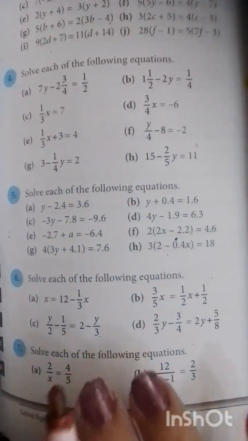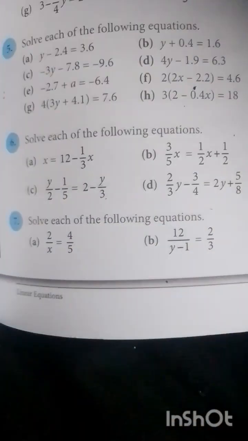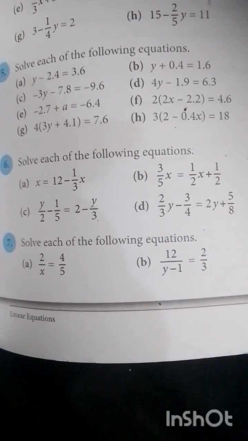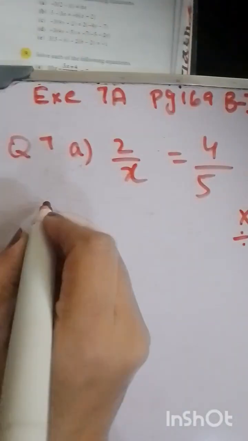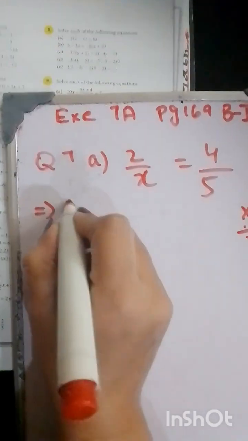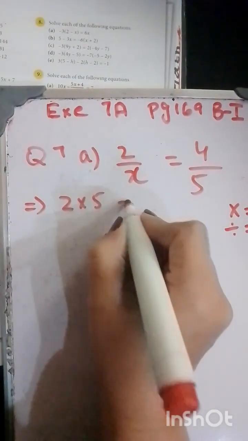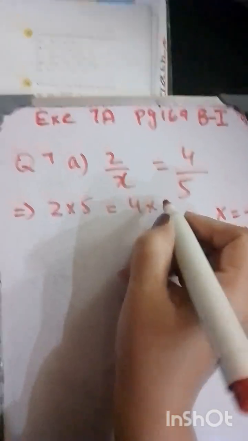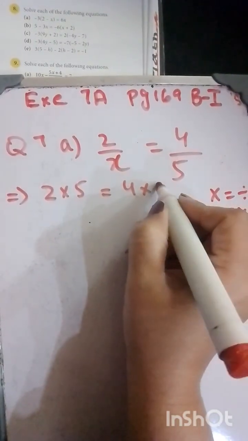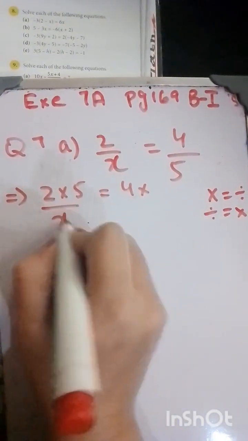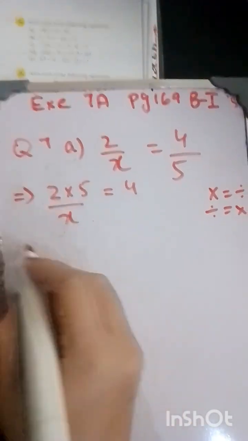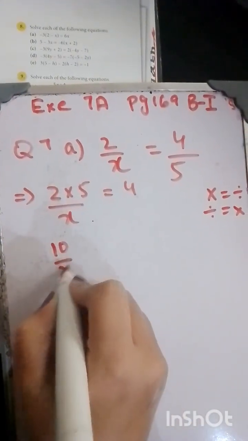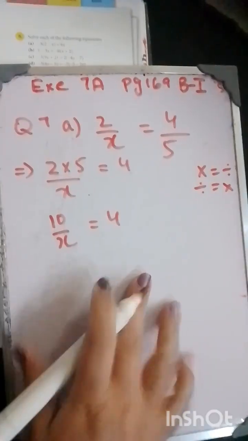This is the very first question of 4, which I have already done. Now 7. I'm telling you that some of these questions are the same, like 3 and 4. So it will not be a problematic exercise. Here 2 upon x equals 4 upon 5. So we are going to just cross multiply, shifting the knowns and the unknowns again.